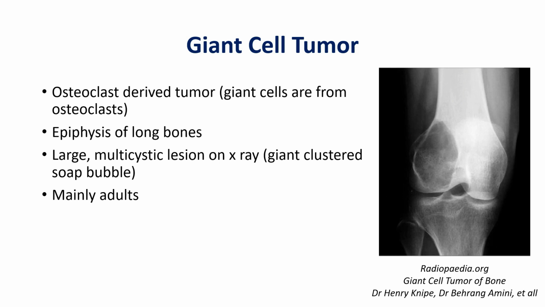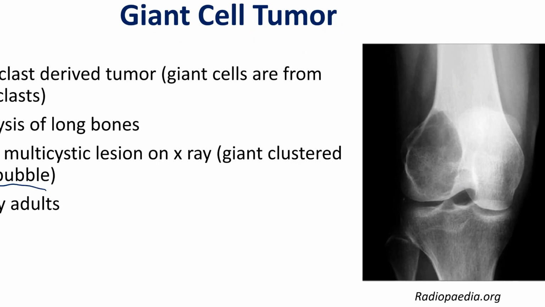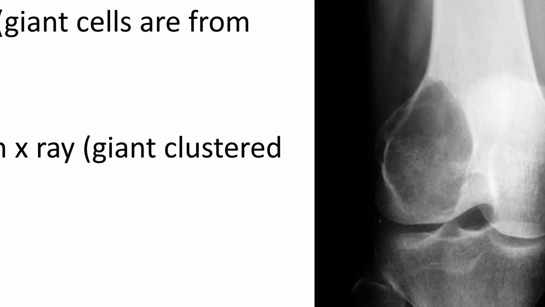What's the characteristic of this particular giant cell tumor that you need to be looking for if they show you an X-ray? They call it something called soap bubble appearance on X-ray. So it's a large multicystic lesion, and let me zoom in and show you why it's called soap bubble, because it's kind of hard to see here. If you look here in this particular example, you will see that there are many, it's not just one large mass.